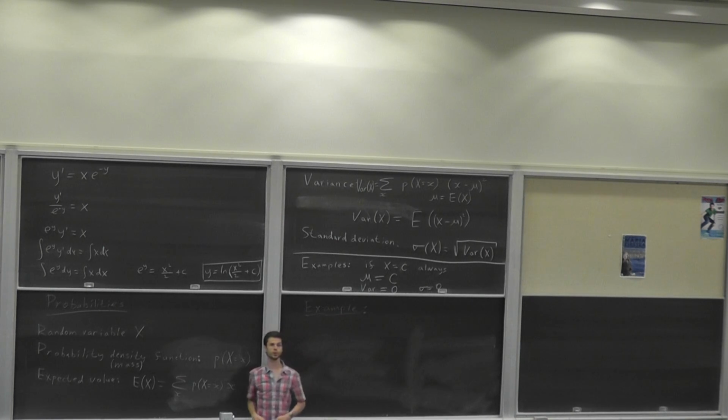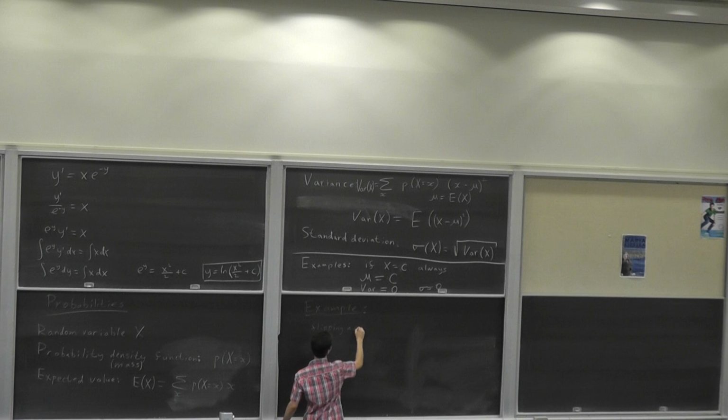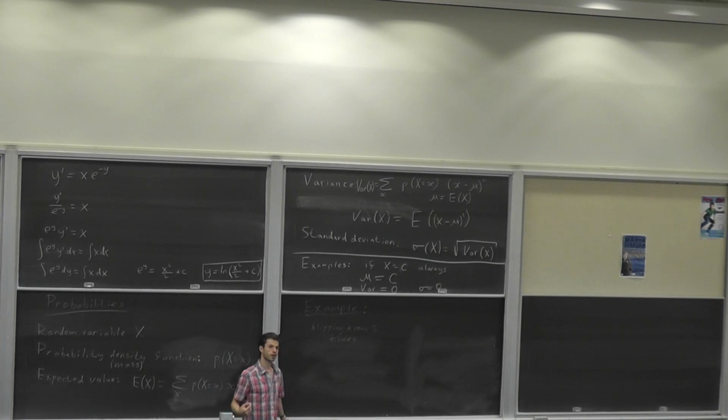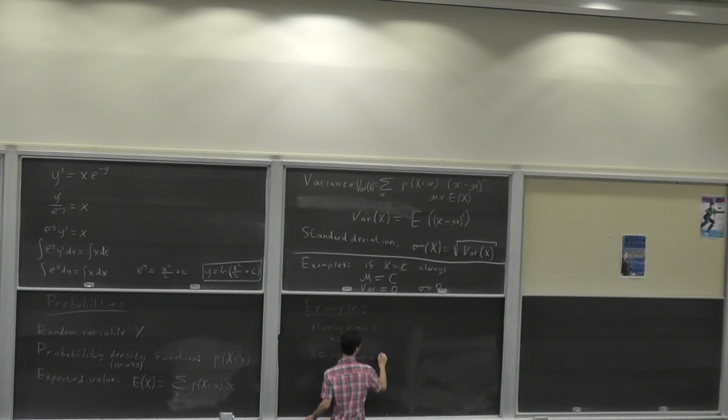So let's discuss a more meaningful example, something which captures randomness a little bit. My event will be flipping a coin 3 times. The random variable will be the number of heads.